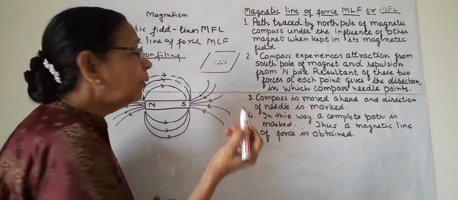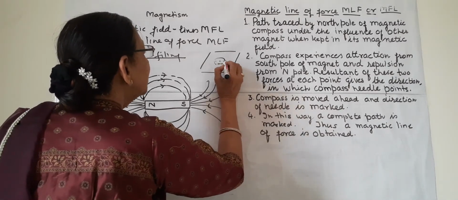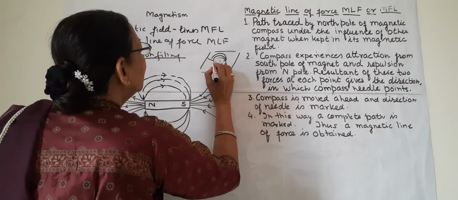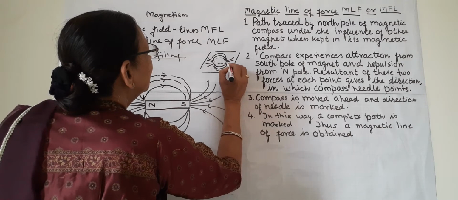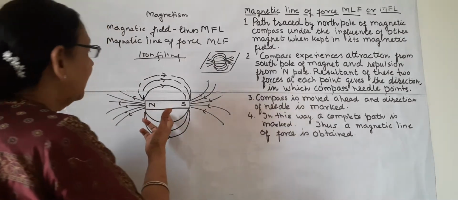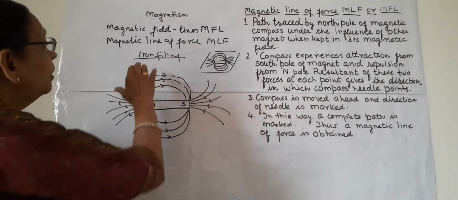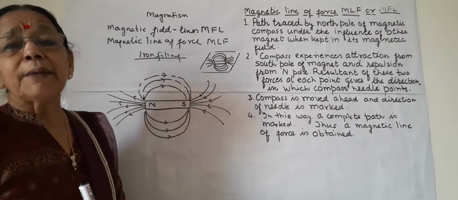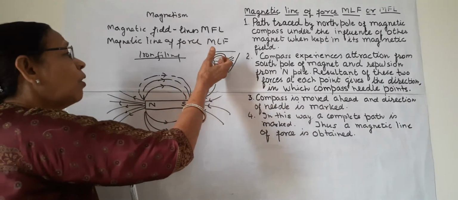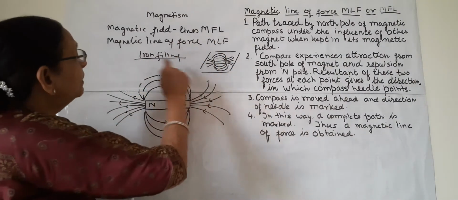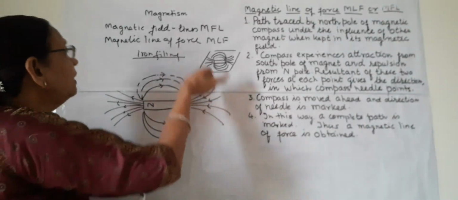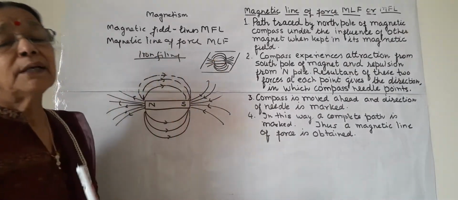When we tap the board, in a fraction of a second these iron filings spread themselves like these magnetic lines. This type of pattern is formed on the cardboard. All the iron filings arrange themselves in this manner. So these are the magnetic lines of force of this bar magnet. The iron filings arrange themselves according to the force which is being experienced by them due to this bar magnet.